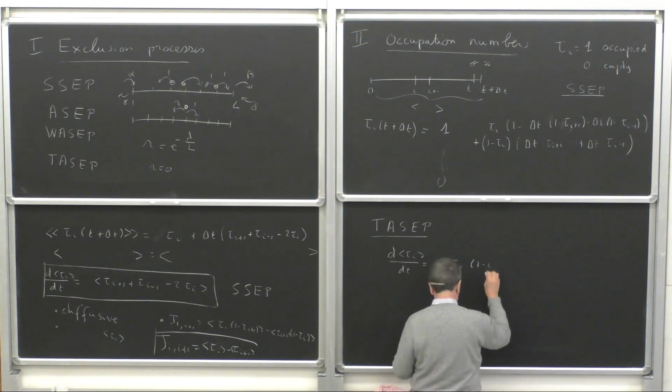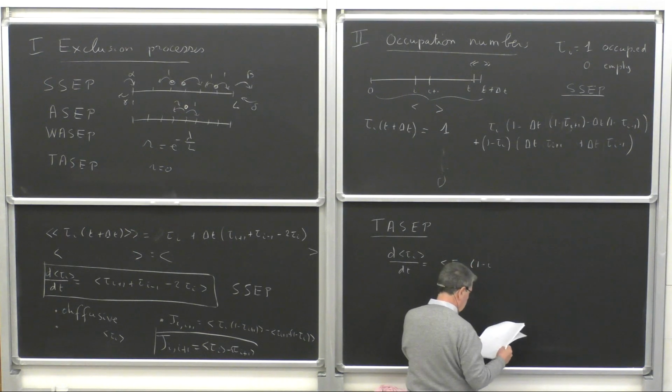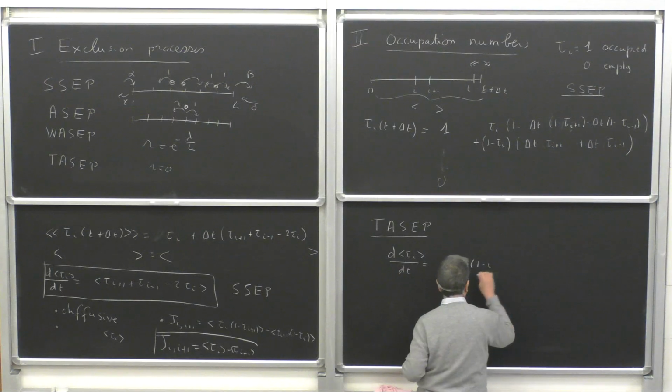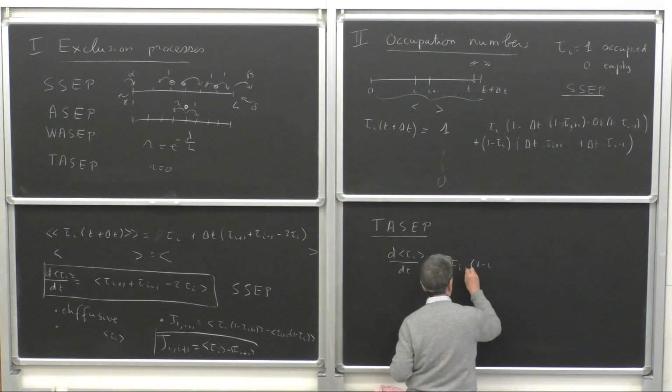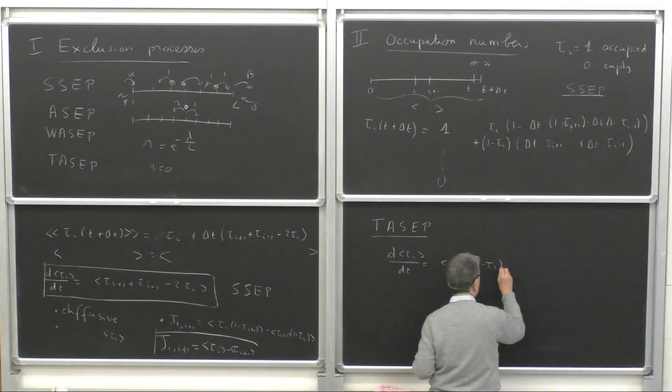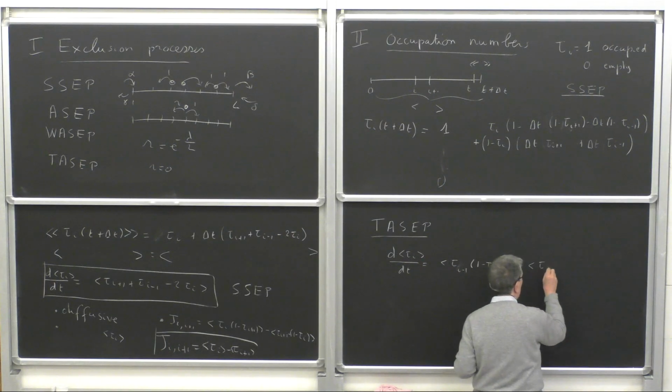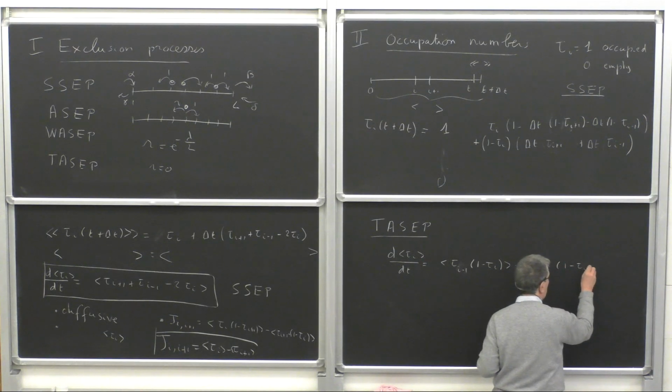Okay, let me see what it is. It's tau i minus 1 times 1 minus tau i, minus tau i times 1 minus tau i plus 1.